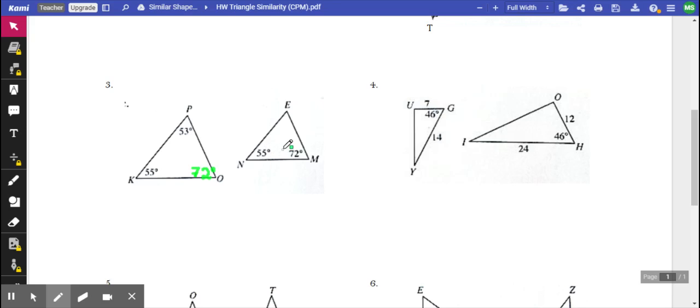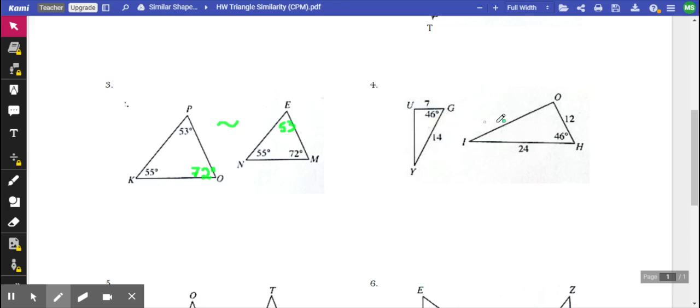Now if we look at the right triangle, we have a 55 and a 72. That adds up to 127, so 180 minus 127 equals 53. So that means all of our angles are congruent, and we know that these two shapes are definitely similar, unlike number 2 where we determined they are not similar.